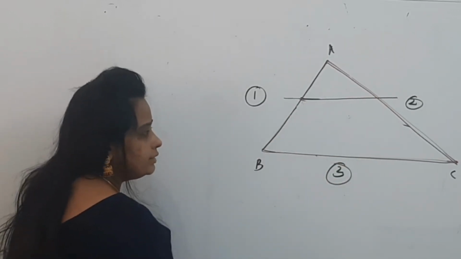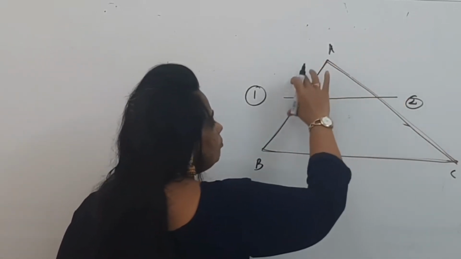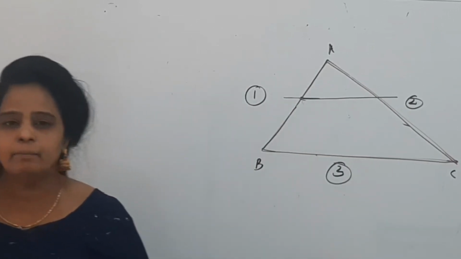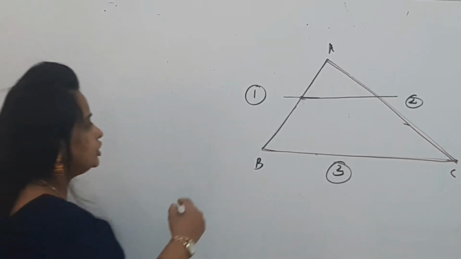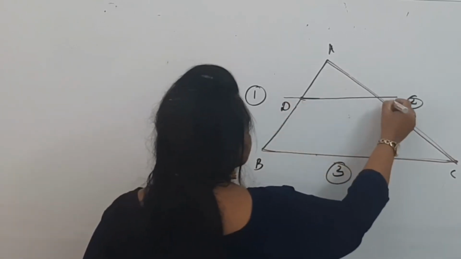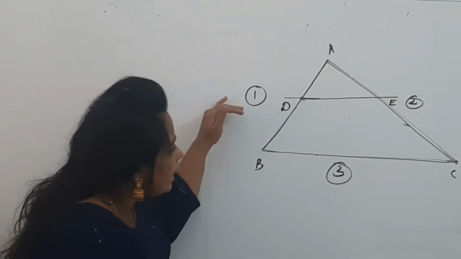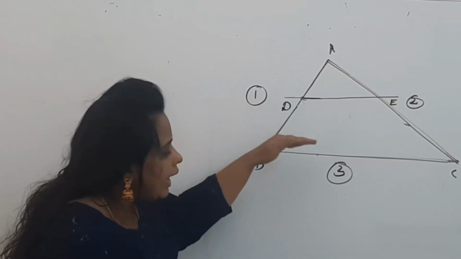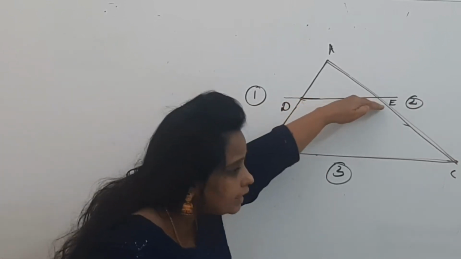Then what Thales is telling us is that these two sides will be divided in the same ratio. I name these points D and E. Now I say the statement of the theorem: a line drawn from one side of a triangle parallel to another side will intersect the third side.